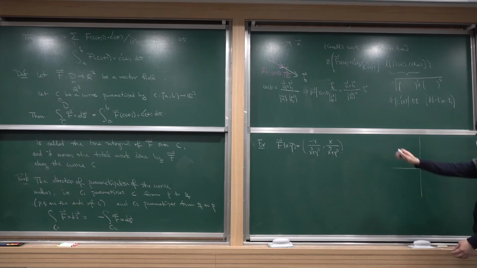Basically this vector field is well defined except for the origin. So as long as I take the curve not passing through the origin, I can define my line integral.